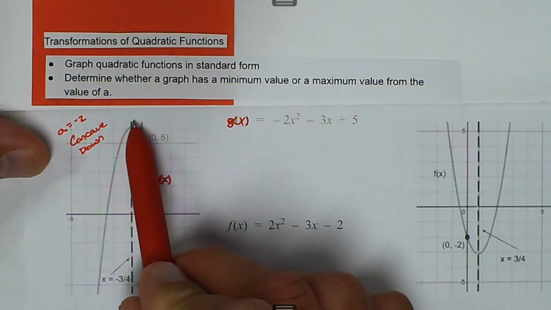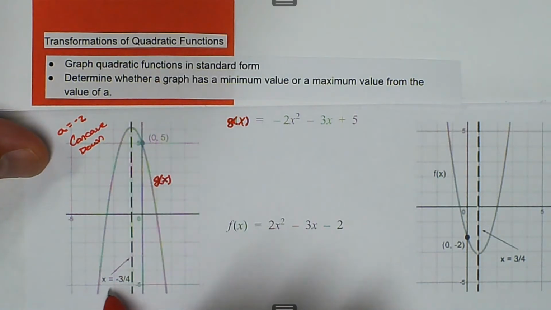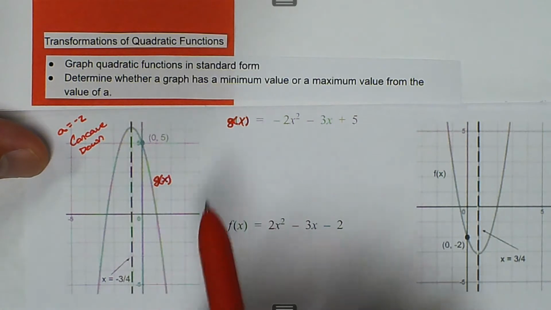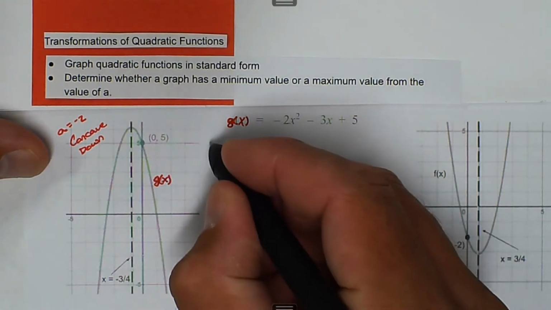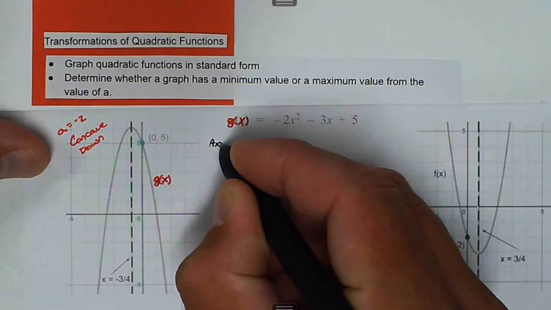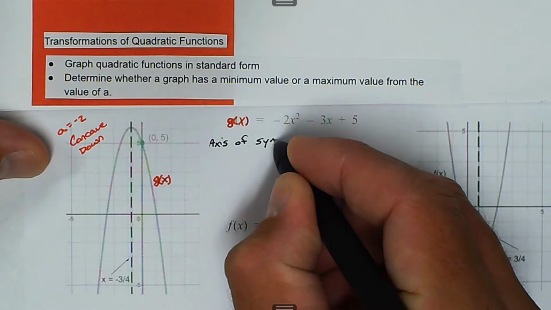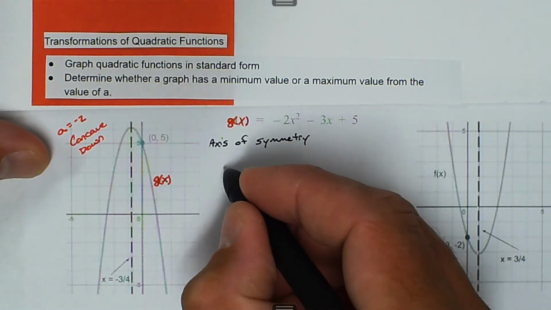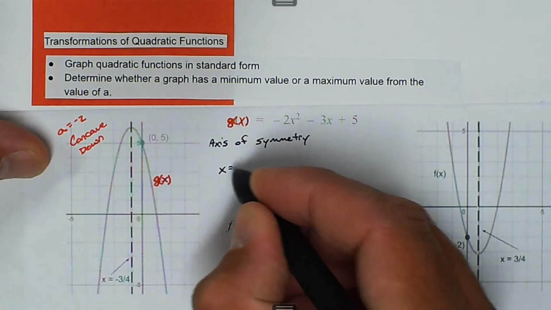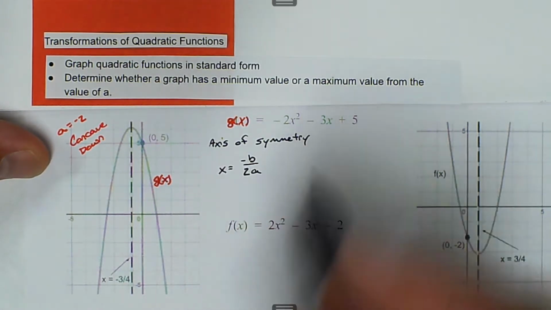Now we want to be able to find what the equation is for this axis of symmetry, which we already have as x is equal to -3/4, but we want to be able to calculate it. So the axis of symmetry is equal to x equals -b over 2a.